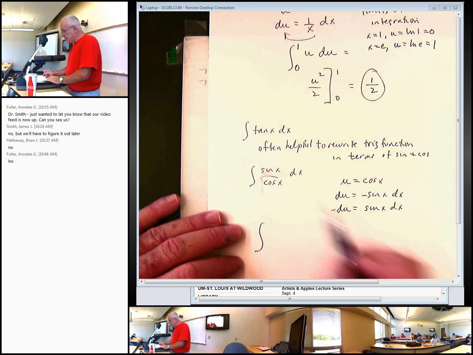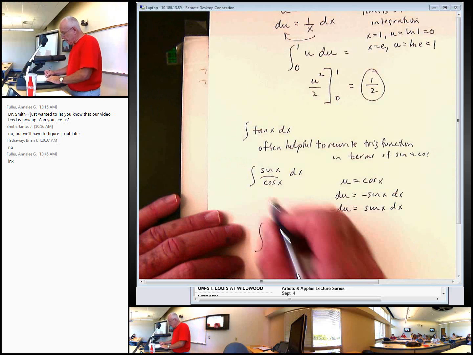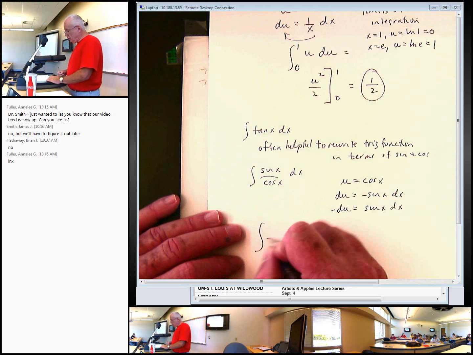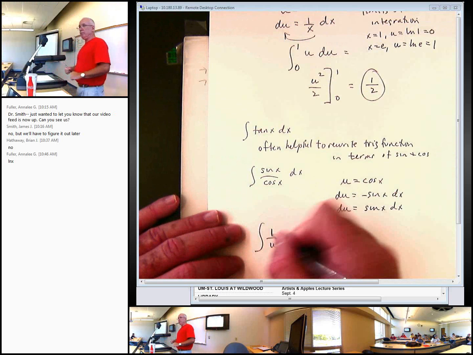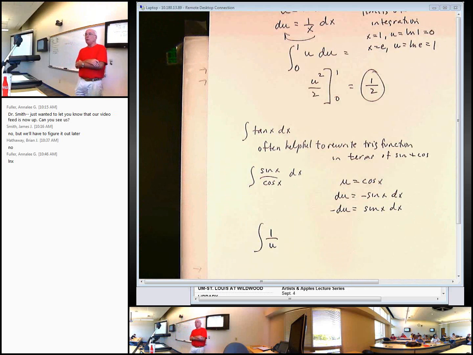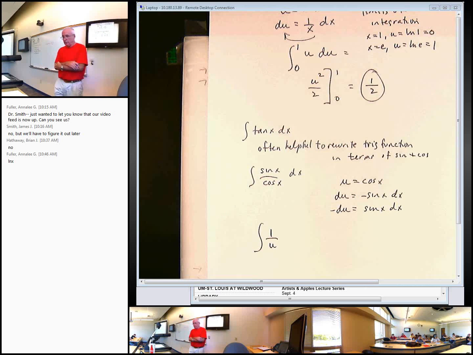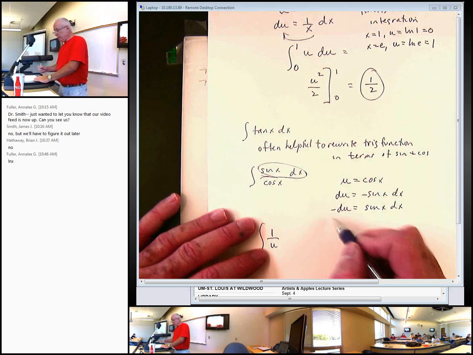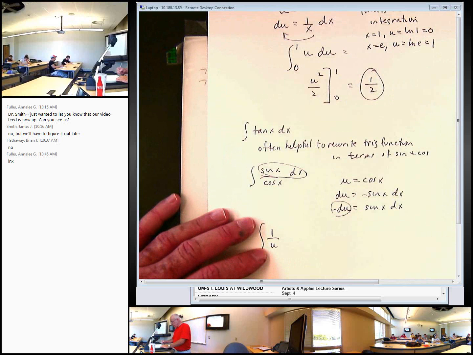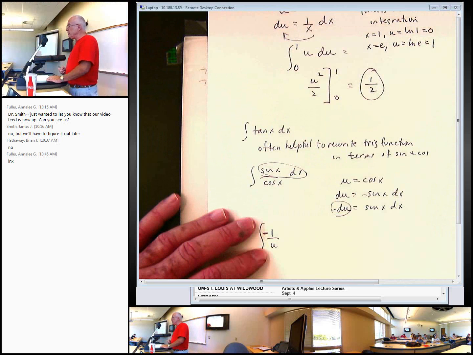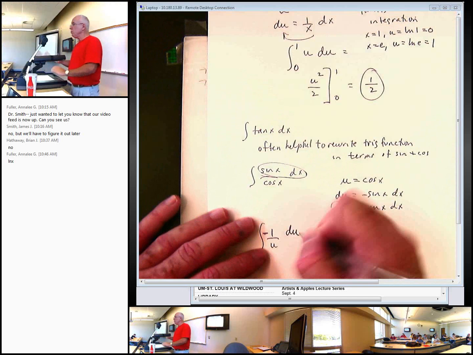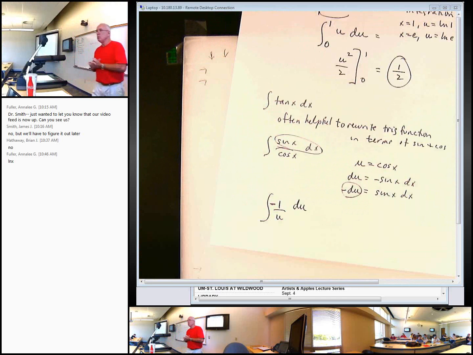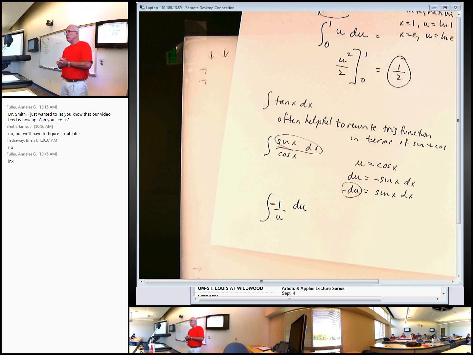The cosine gets replaced by the u, and that's in the denominator, so let's represent it as 1 over u. And then the other part, the sine of x dx, can be replaced by minus du. Let me put the minus right there, and the du right there. Okay. You okay with that? Oh, yes.